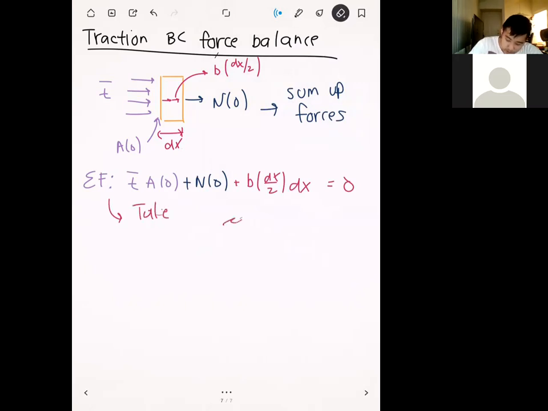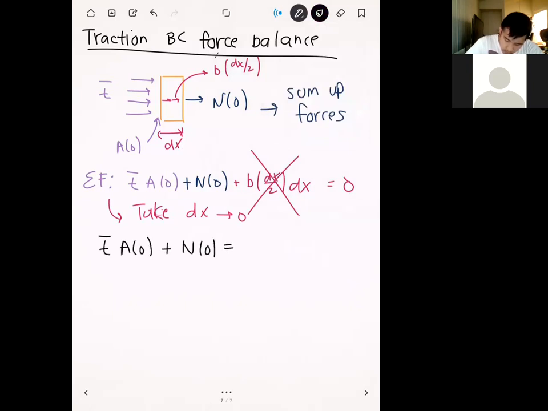In this particular case, what we're going to do next is simply take the limit as dx goes to 0. By doing that, we cancel out our body force term, and all that we're left with is T bar times A of 0 plus N of 0 is equal to 0.